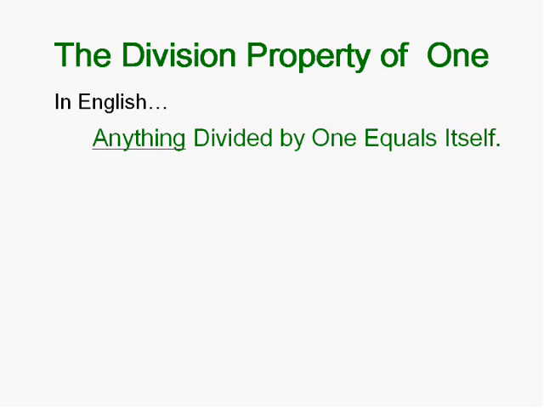The division property of 1. In English, you already know this. Anything divided by 1 equals itself. Now, as simple as that is, we're going to be using that throughout the whole course and the next few courses. 5 divided by 1 is 5.